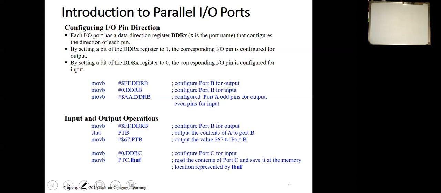So in our case, for port B, we have DDRB, which is the direction register for port B, and PTB, which is the data register for port B. Of course, each of these registers has an address, but we refer to them using the names. It is much easier.